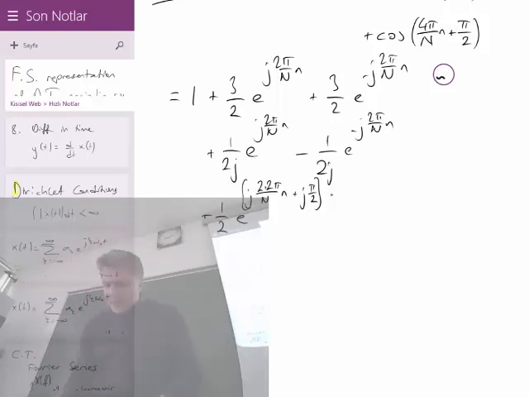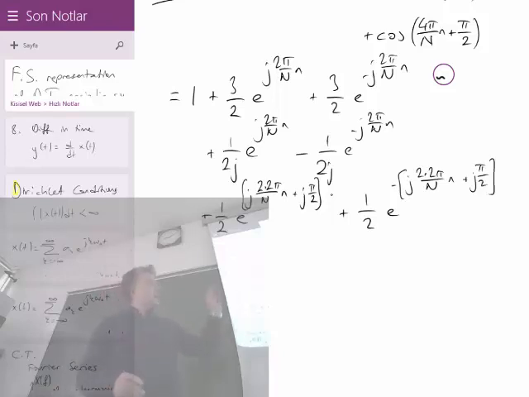Okay? And then you again write 1 over 2 e to the, again in a big parentheses, this time, let's put the minus here, minus j 2 times 2 pi over N plus j pi over 2. Since I put the minus sign in the beginning of this parentheses, the minus reflects to all of these things.